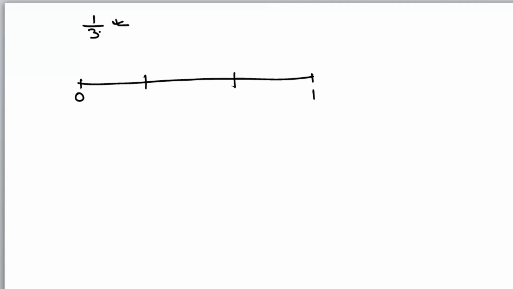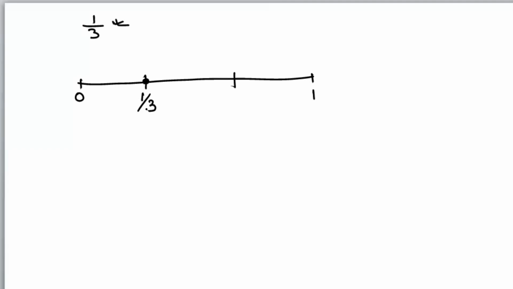And the numerator tells us where we place the mark, or you can say dot, to represent the given fraction. The numerator is 1. This is 1, 2, 3. We place our mark here, and here it will be 1 by 3.